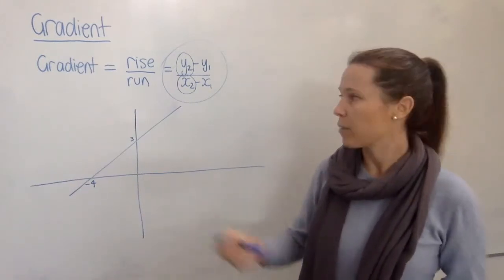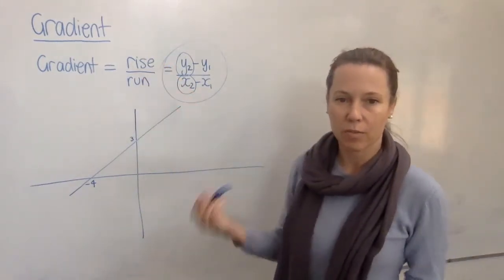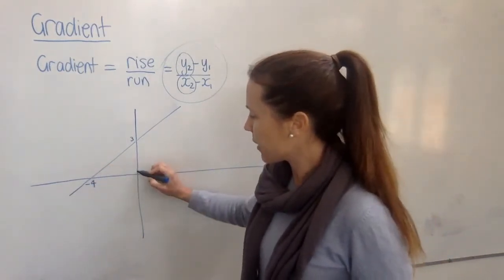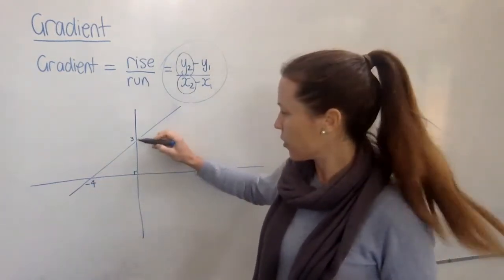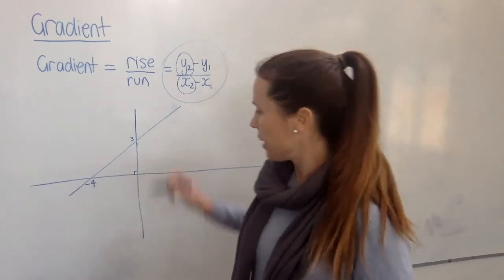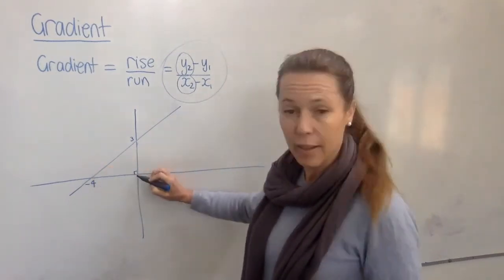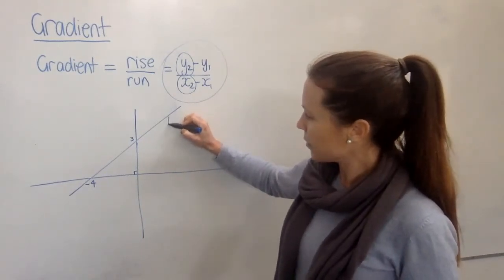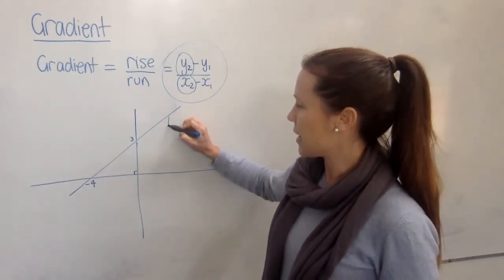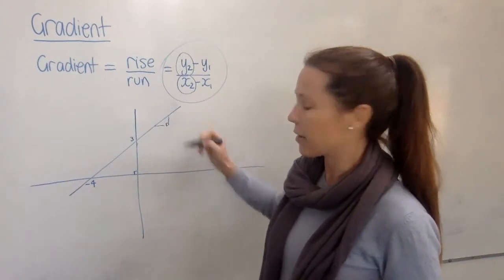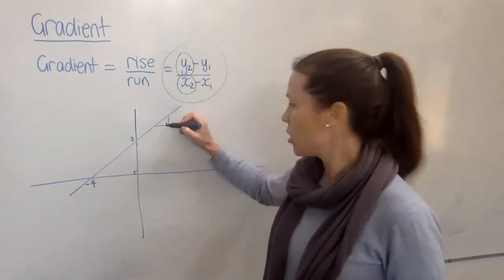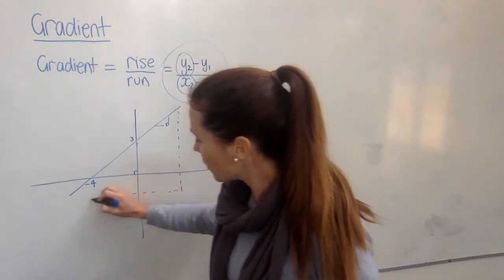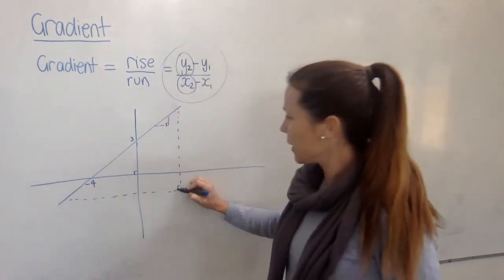Now, don't forget that because this is a ratio of rise to run, you can have a nice, simple right-angled triangle like this. You've got your rise and you've got your run, and you can see the lengths of these lines here. But you should understand that you could drop down any line that goes down and then straight across and meets at right angles and make a really tiny triangle, or you could drop a line down a long way and come across a long way to make a really large triangle.